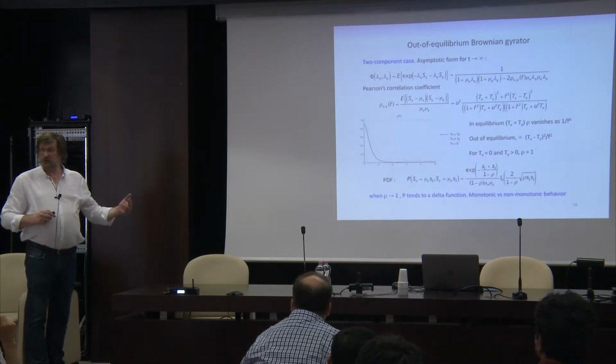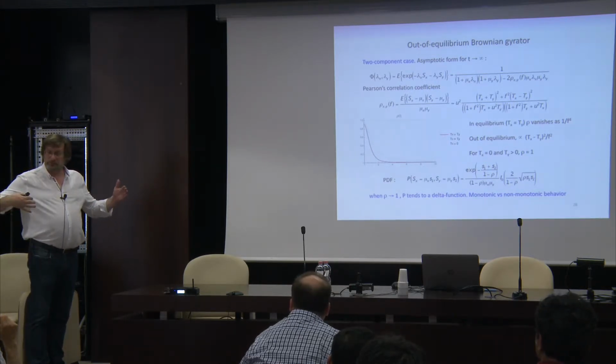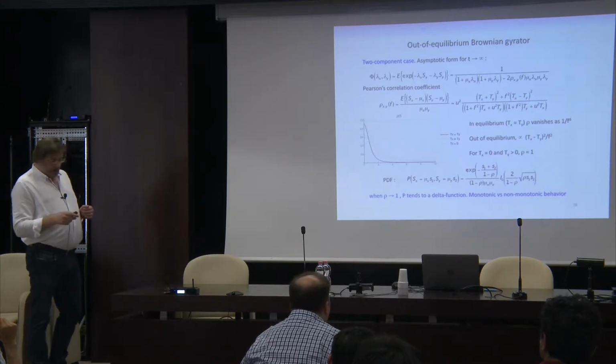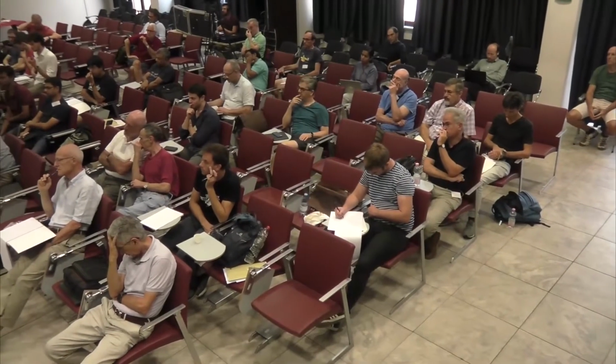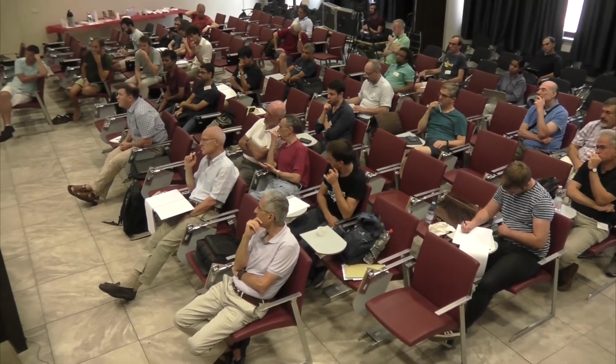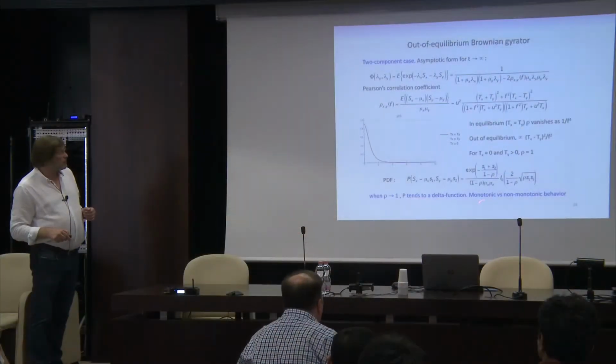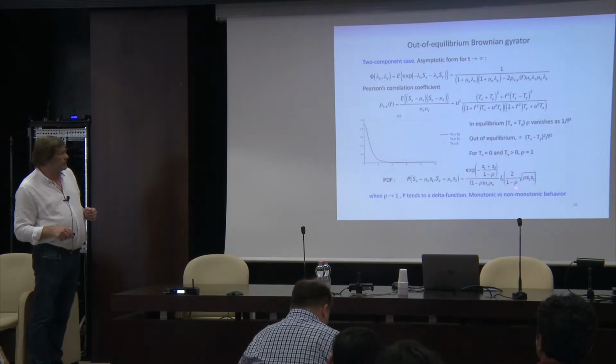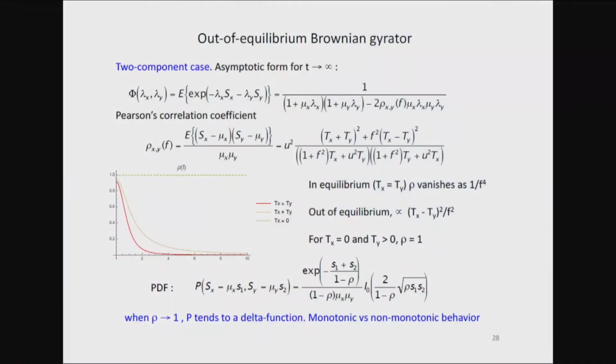So the x component of the spectrum and the y component are pretty strongly correlated. And the last point is that we can invert and get the joint distribution function, which again has a form of a Bessel function. Here you have a square root of S1, S2, which are variables associated with Sx and Sy.